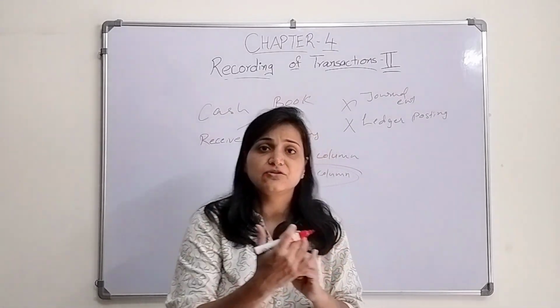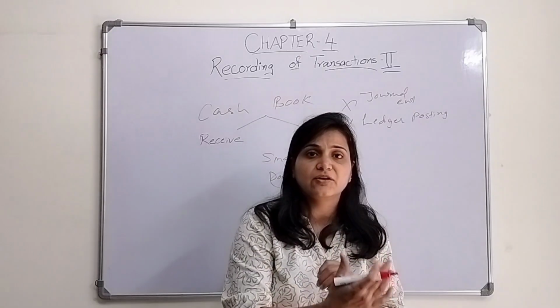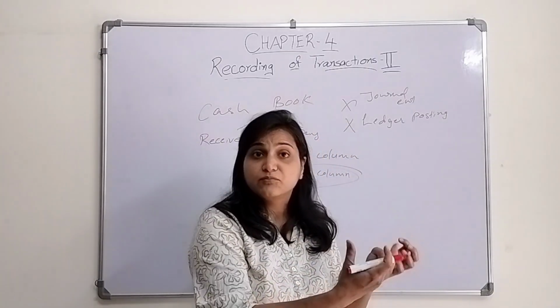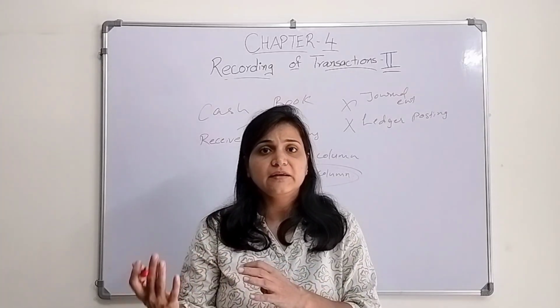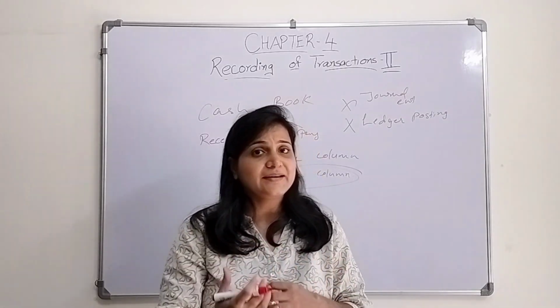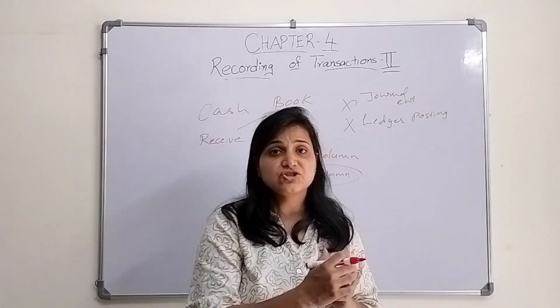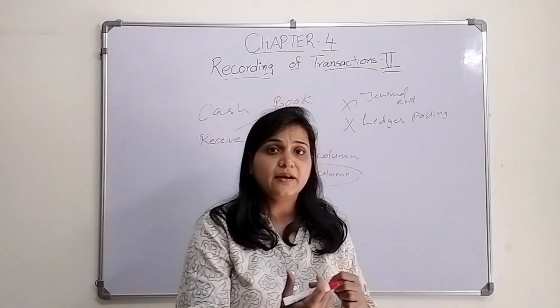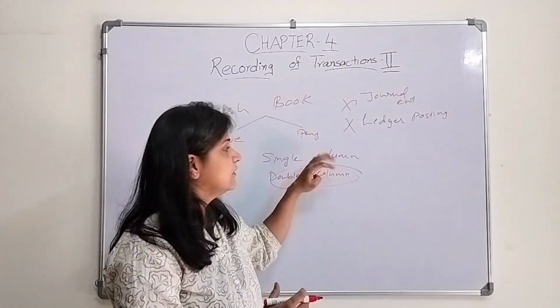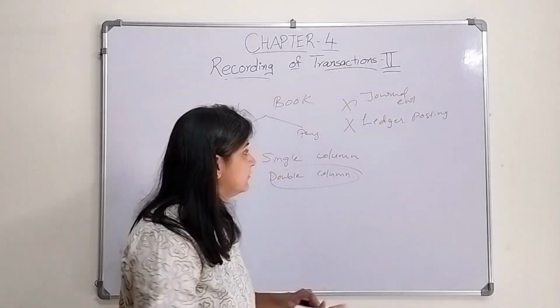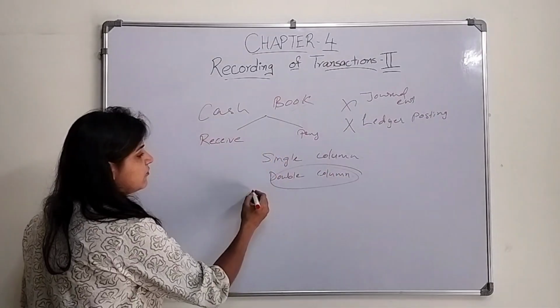Like we are purchasing goods on cash, we are selling something on cash, the owner brought cash into the business, we are buying furniture or an asset, buying stationery, receiving rent, paying insurance premium, all these things come in the single column cash book. How it is prepared, let me show you the pro forma.